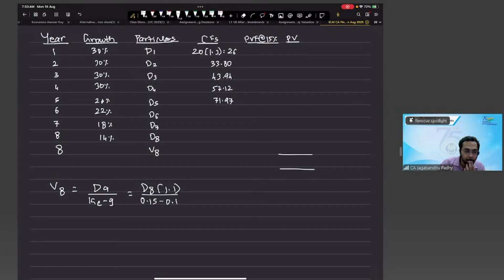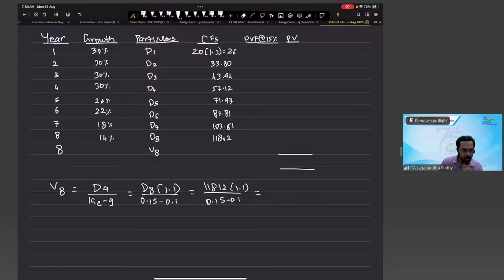Okay, then 87.81. Perfect. Then 103.61. Okay, 118.12. Now, of course, this will be 118.12 into 1.1 divided by 0.15 minus 0.1.